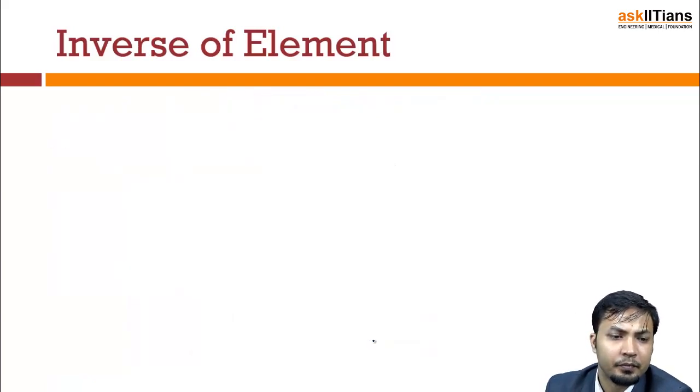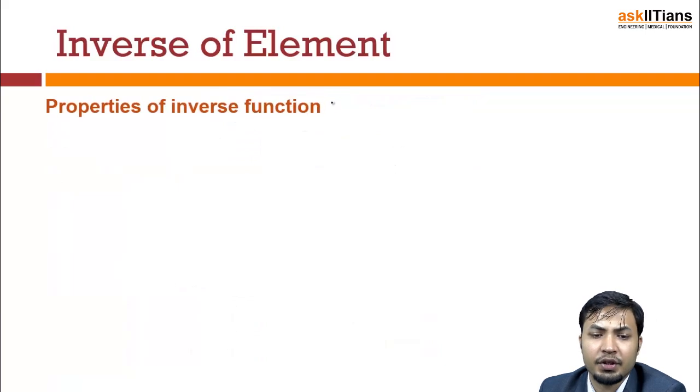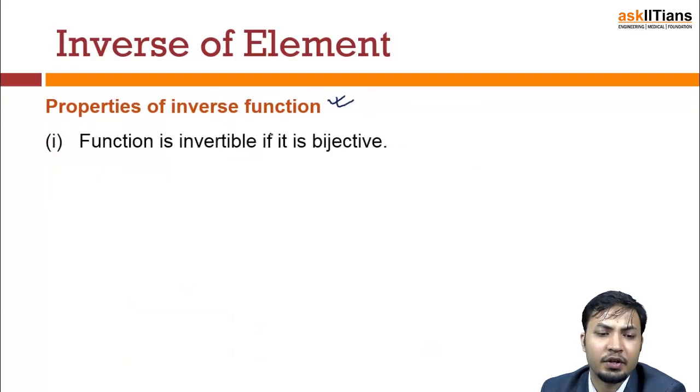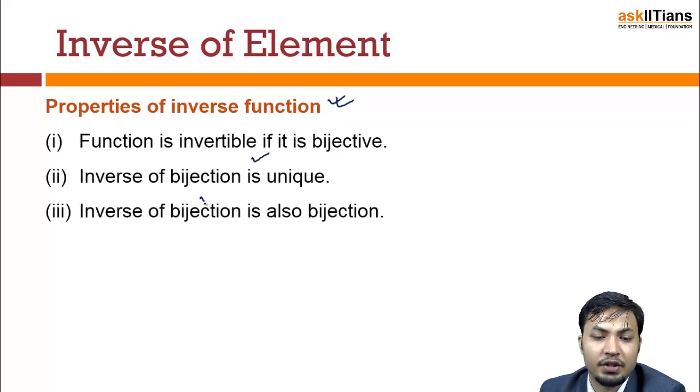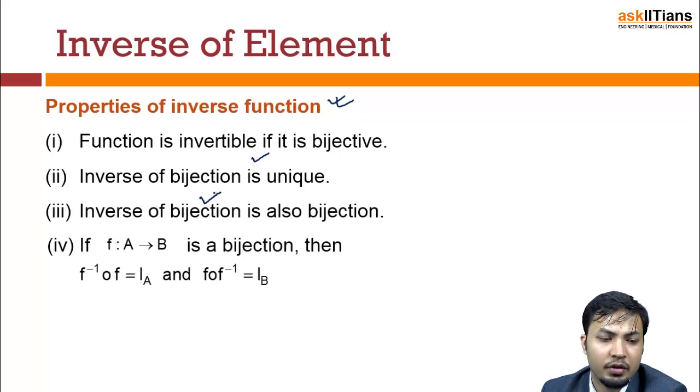Now the properties of the inverse function say that the function is invertible if it is bijective. Inverse of a bijection is always unique. Inverse of a bijection is also a bijection. If f from A to B is a bijection, then f inverse of f is an identity.